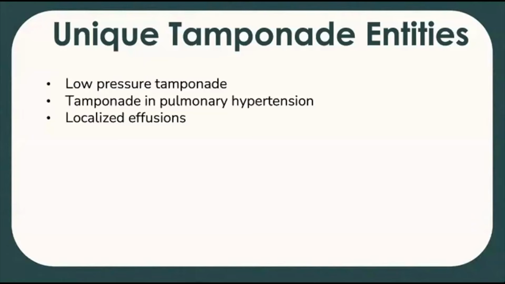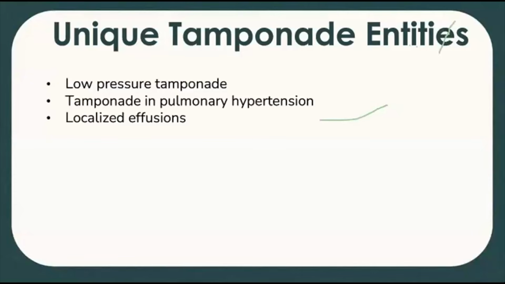It's hard to diagnose because there's a dramatic loss of sensitivity of the classical findings like dyspnea, tachycardia, hypotension, elevated CVP. But basically, the concept is that when you gradually develop a pericardial effusion, you'll tend to compensate by retaining volume, so your CVP will rise, and they may never actually develop this low pressure tamponade.